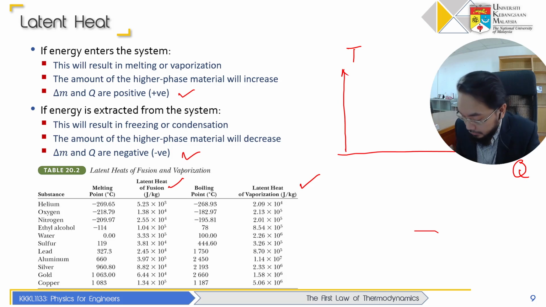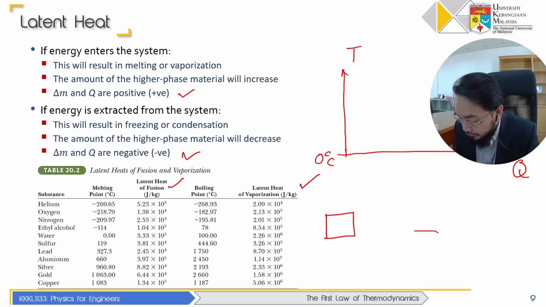Let me just explain. So let's say you have a block of ice, and you supply heat into it. You transfer heat into it.